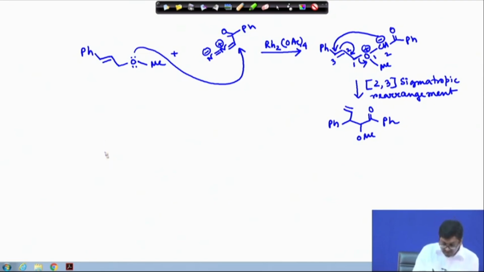So, we will see that here R is the silyl group, some protecting group which can protect the corresponding hydroxyl group.